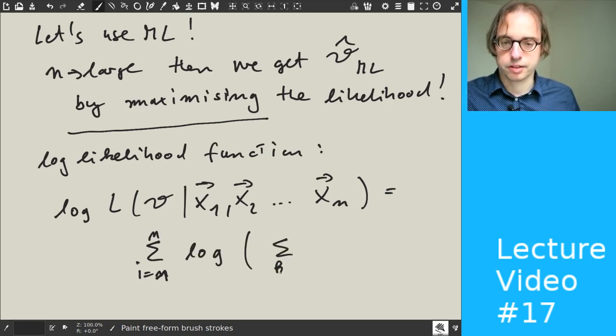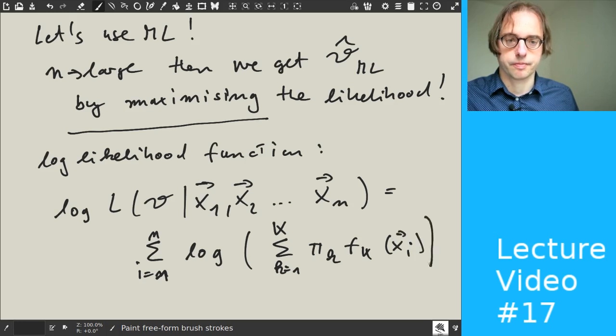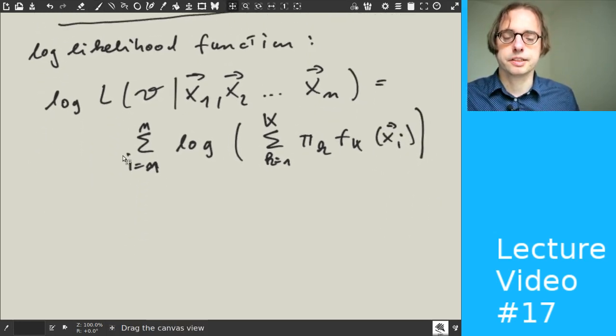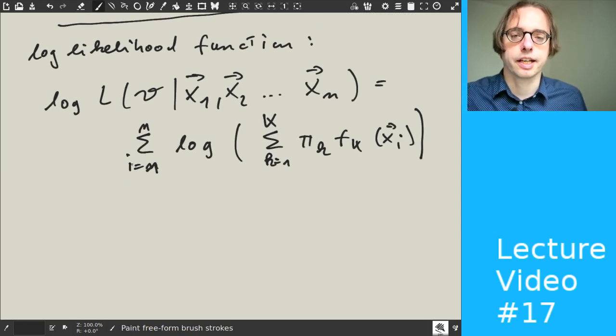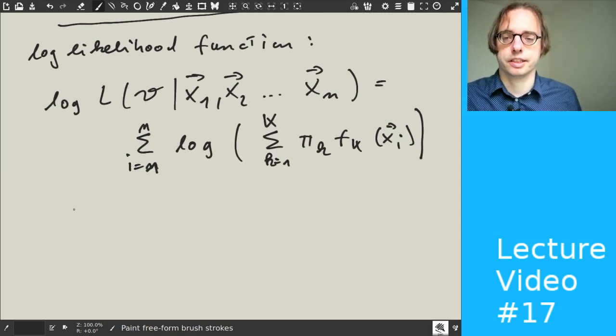So we sum over all categories from 1 to k, pi k f_k(x_i). So that's our likelihood, or log likelihood, and you can see that this log likelihood looks difficult and is actually not easy to maximize. Not easy to optimize.